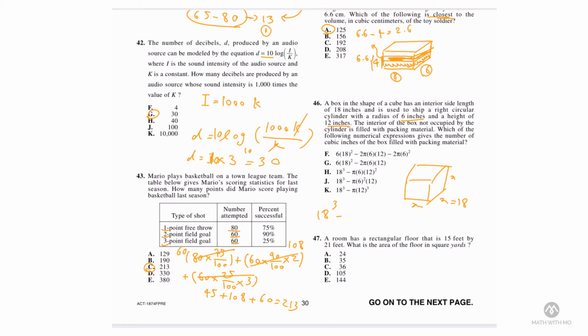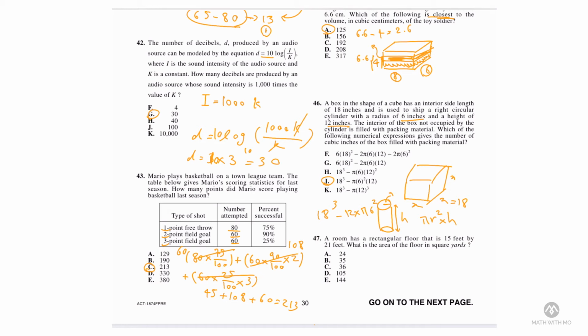So 18 cubed minus the cylinder. The volume of the cylinder is pi r squared times height. So height is 12 times pi times 6 squared. So looking at this, J is the answer.